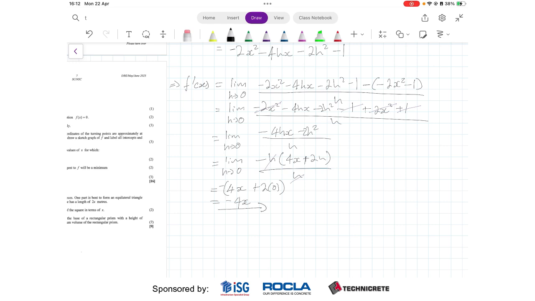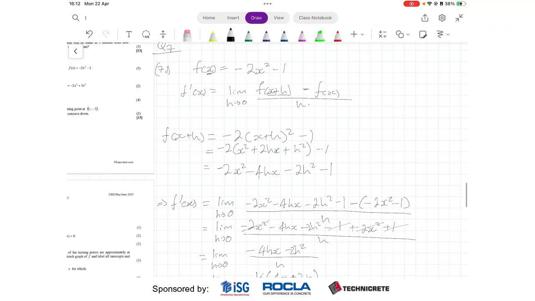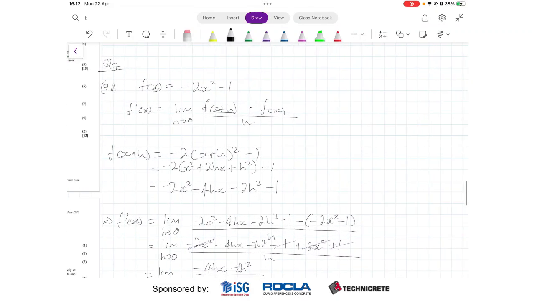And confirming that using the power rule, we know that if we have a function g at x equal to a x to the power n, the derivative will then be equal to a n x to the power n minus 1. Now let's apply that to f at x.